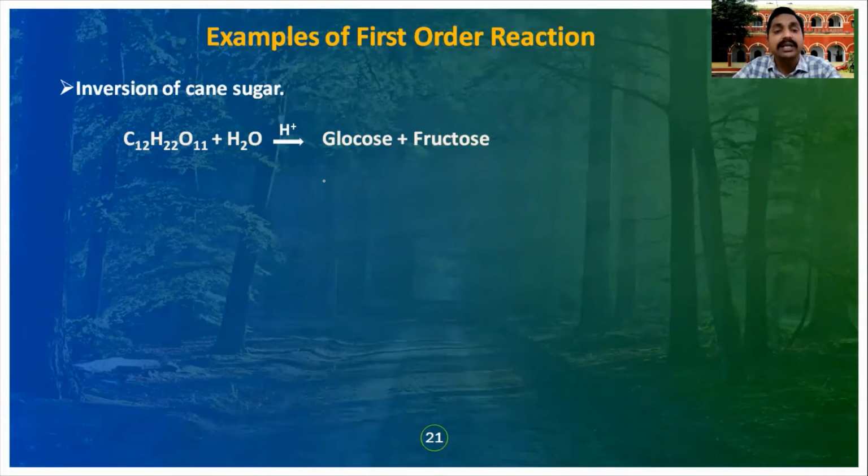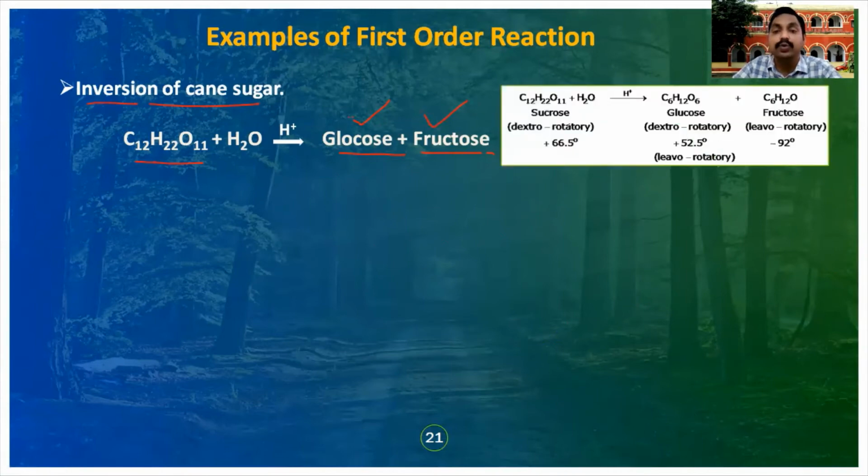Why do we call this reaction inversion of cane sugar? Because reactant sucrose is dextrorotatory here, whereas among the products, glucose is dextrorotatory, whereas fructose is levorotatory. If you see the angles of this reaction, here sucrose is dextrorotatory and the angle of rotation is plus 66.5 degrees, whereas glucose is again dextrorotatory and the rotation angle is plus 52.5, but fructose, being levorotatory, is minus 92.